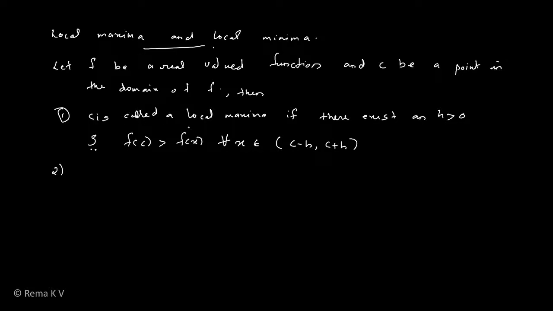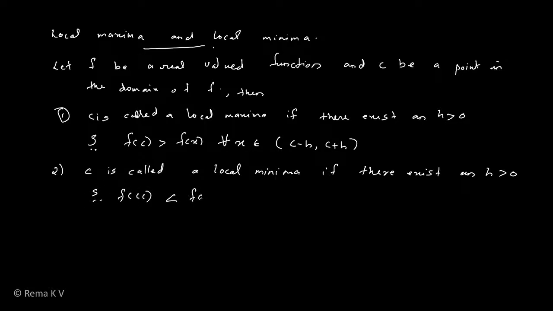And the second one, c is called a local minima if there exists an h greater than 0 such that f of c is less than f of x for every x belongs to the interval c minus h, c plus h.